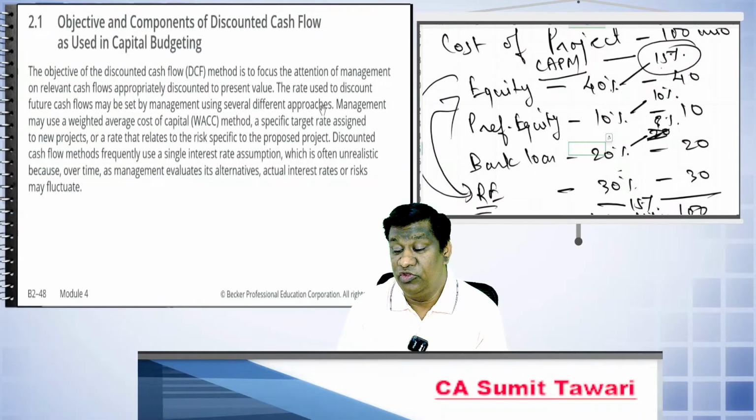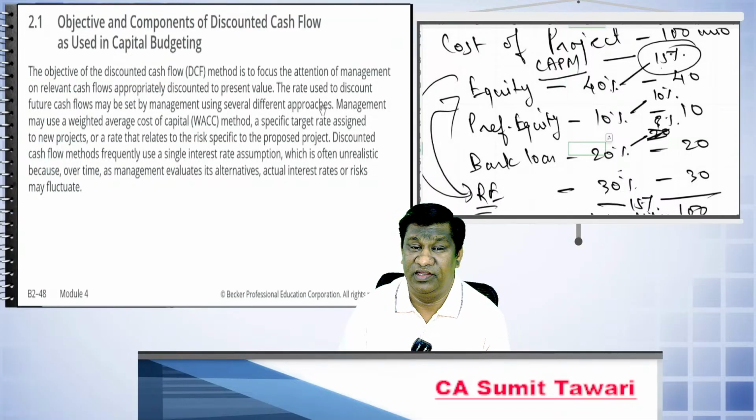So even though the bank loan carries 8% interest, as I'm getting a tax benefit, I need to reduce the tax amount from the interest rate. So for 8%, if I consider the tax rate of 30%, it is 2.4%.